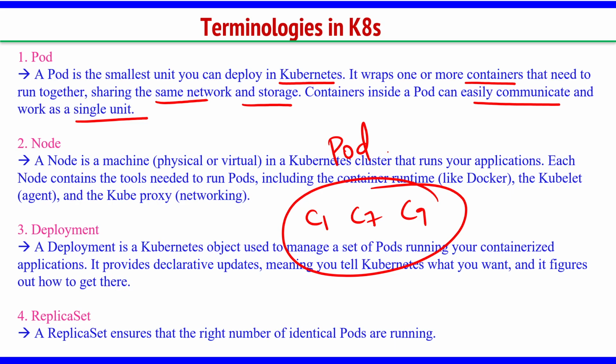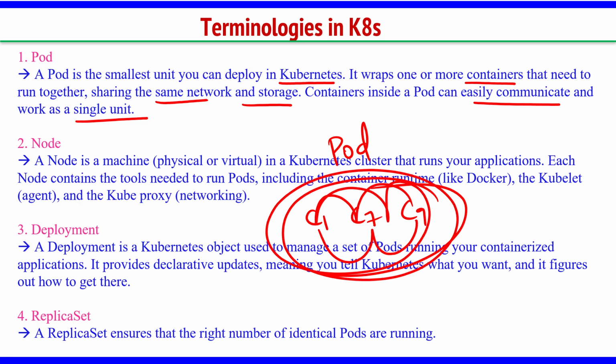Kubernetes contains only pods and each pod contains one or more containers, right. So, they can communicate easily among each other inside a pod, right.